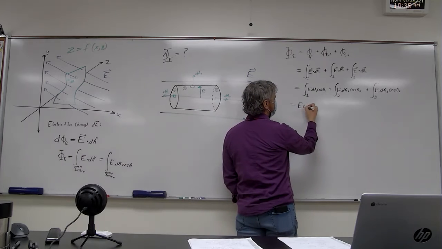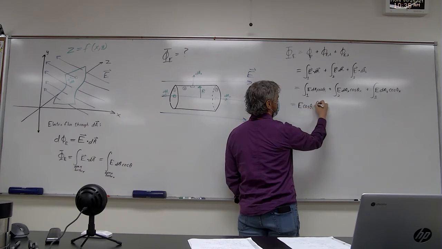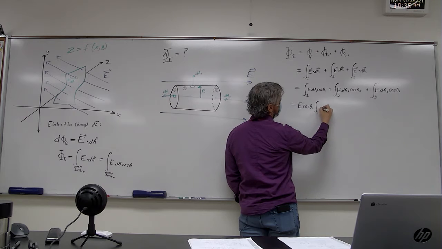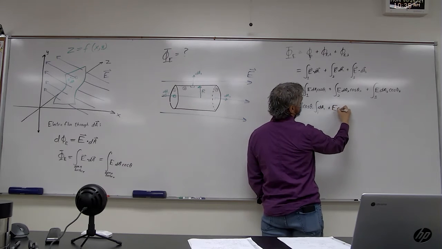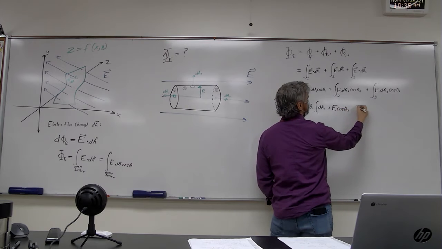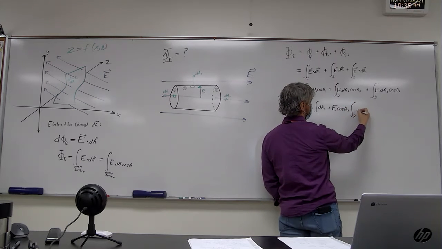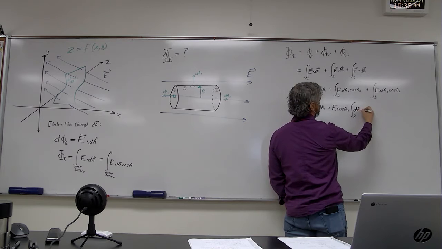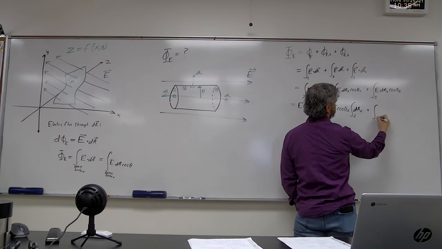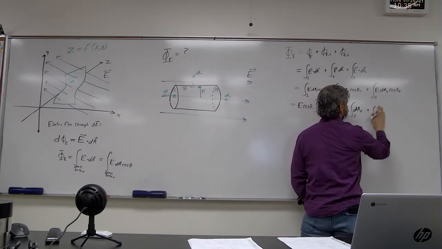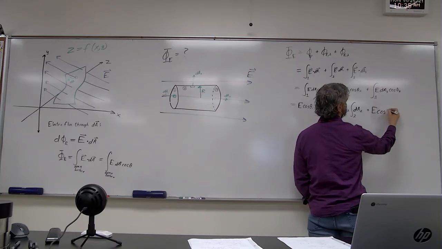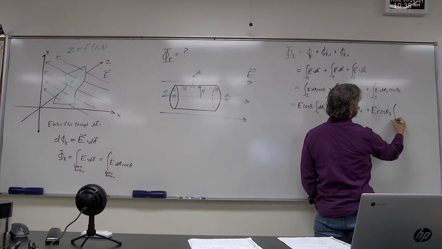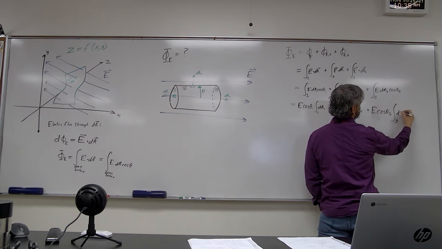So it's going to be E cosine theta 1 times the integral over surface 1 of dA1, plus E cosine theta 2 times the integral over surface 2 of dA2, plus E, the electric field, times the cosine of angle 3 times the integral over surface 3 of all the dA3s.